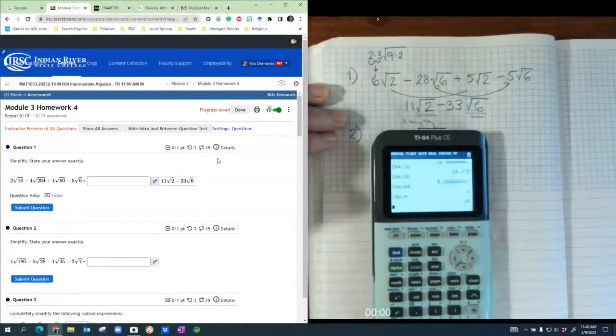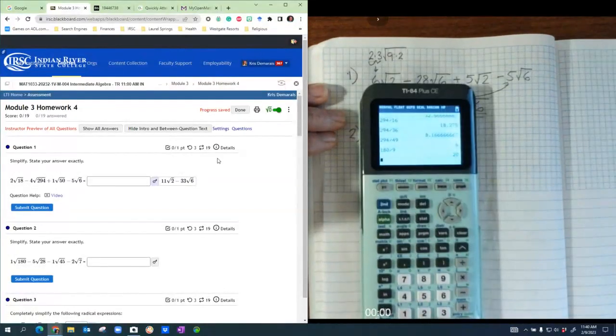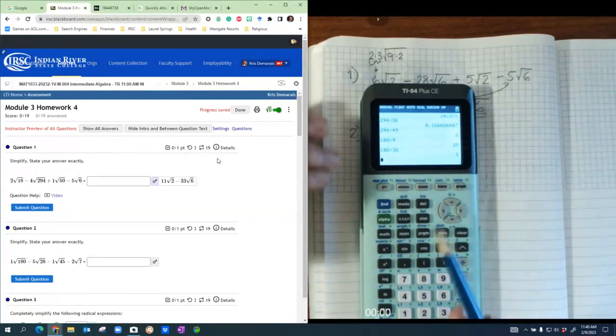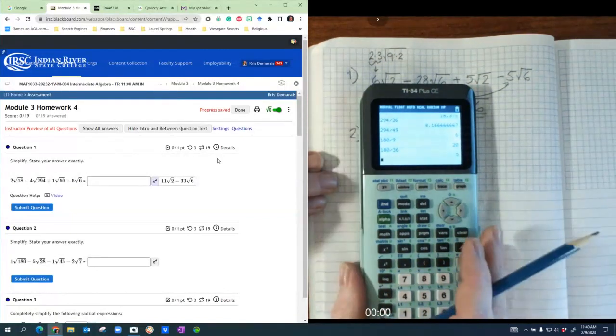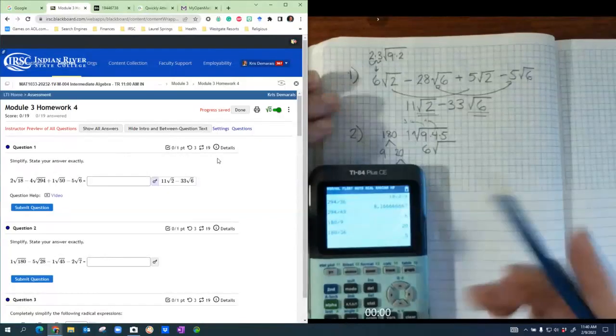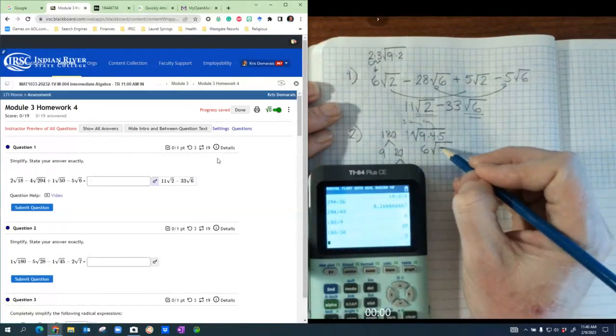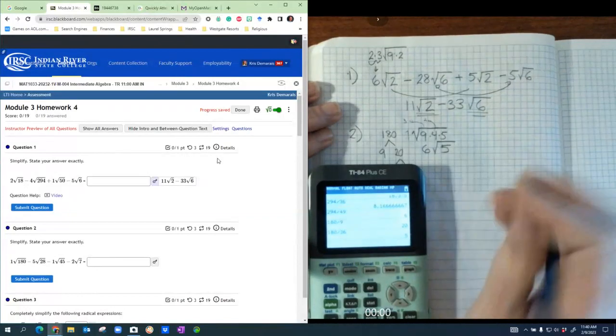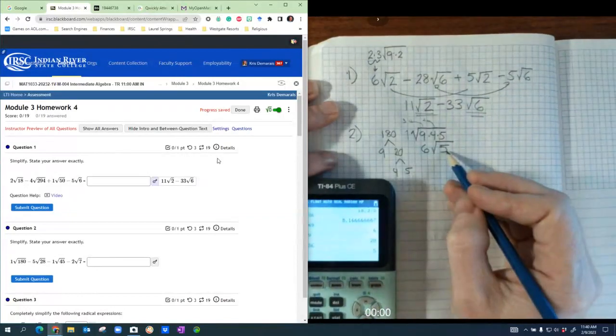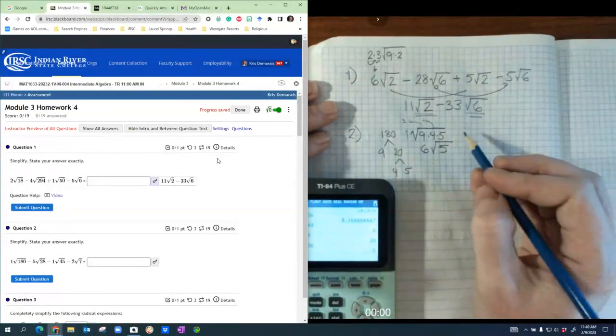If I took 180 and divided it by 36, it would have come out with 5. See, so I showed you another alternative way of finding it without getting so worked up if you can't find the perfect square right away.